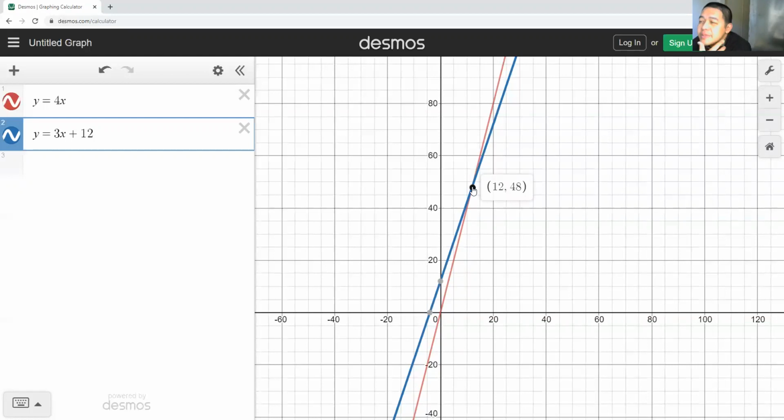But let me tell you something. This is not something that always happens. Sometimes when you are trying to solve two equations with two unknowns, we can't get the answer. I mean, there is no answer for x or y, okay?